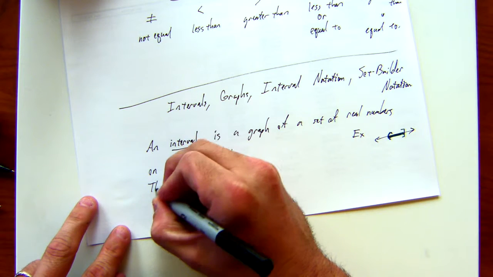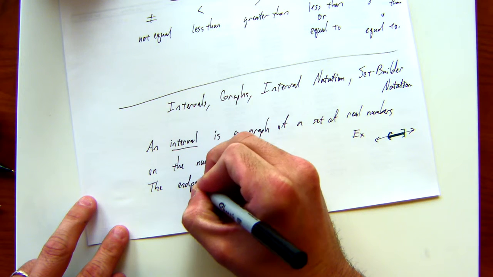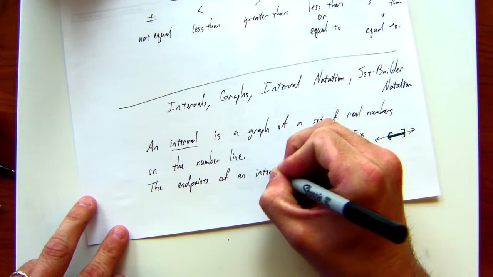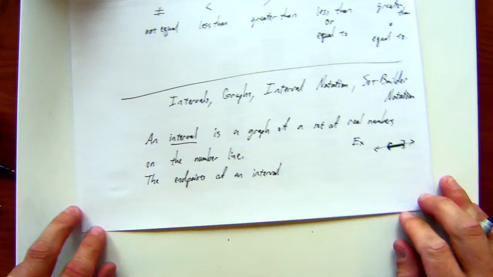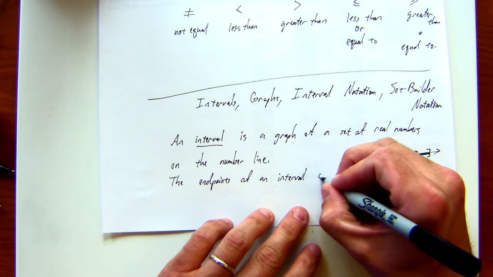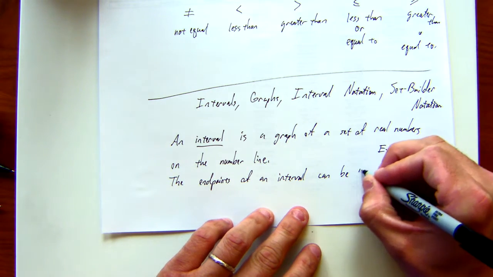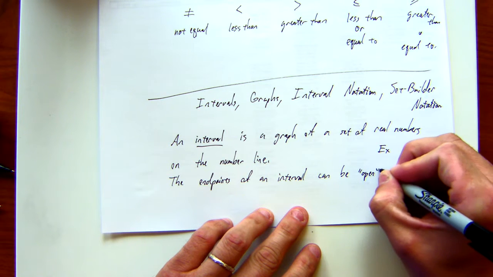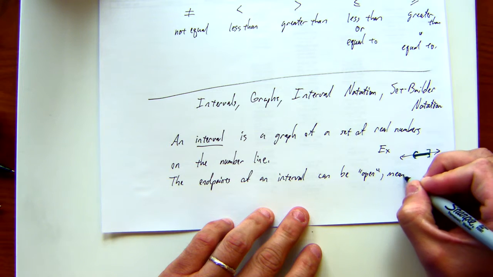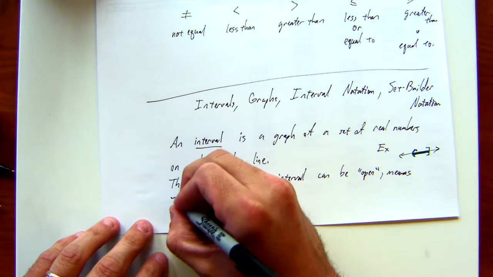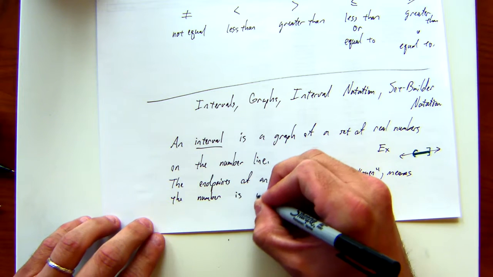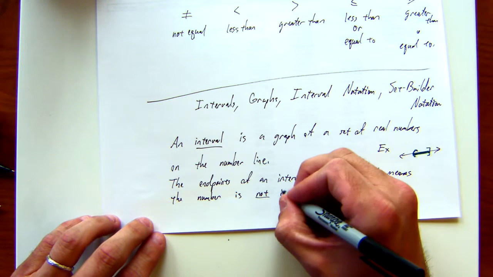The endpoints of an interval. You guys have probably seen all this before, but if not, the endpoints of an interval can be open, which means the number is not included.